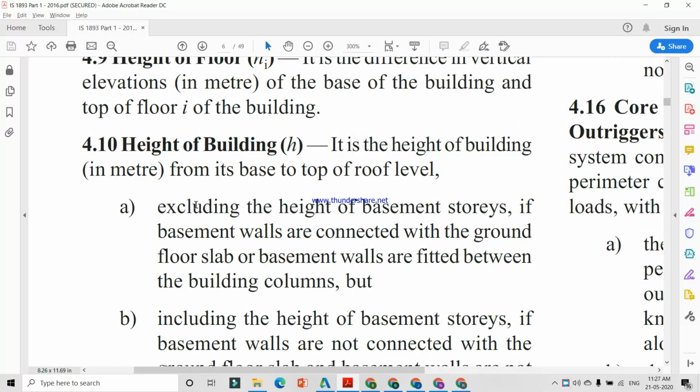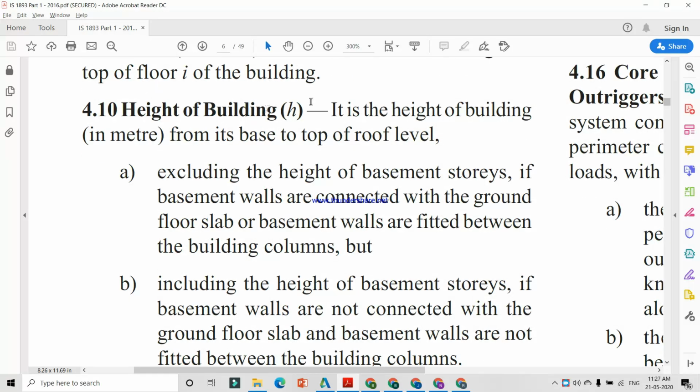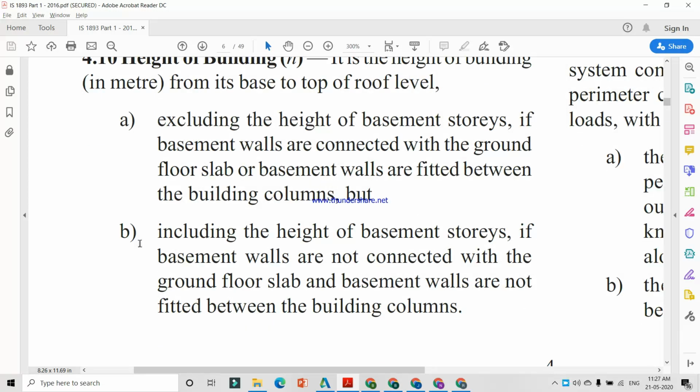There are two important things in the height of the building. You can exclude the height of the basement story, that means you do not consider the basement story, if the basement walls are connected with the ground floor slab. That means if any kind of wall is provided in a basement and it is connected to the ground floor slab, you can exclude the height of the basement.